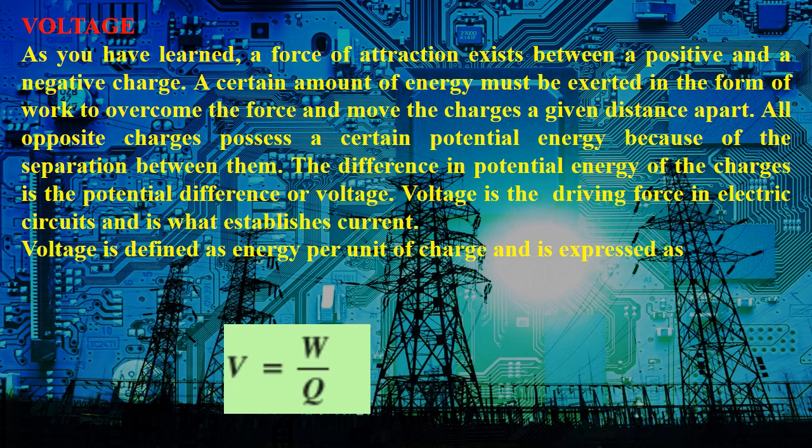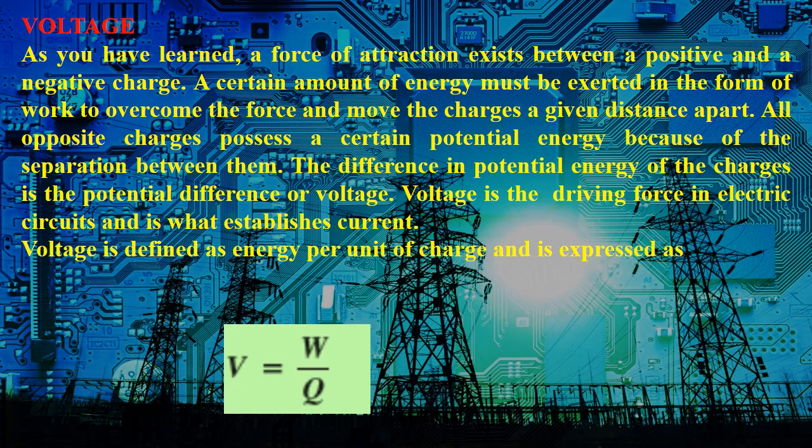The difference in potential energy of the charges is the potential difference, or voltage. Voltage is the driving force in an electric circuit and is what establishes current. Voltage is defined as energy per unit of charge and is expressed as V equals work over charge, or electrical energy divided by charge, or in Ohm's law, current times resistance.